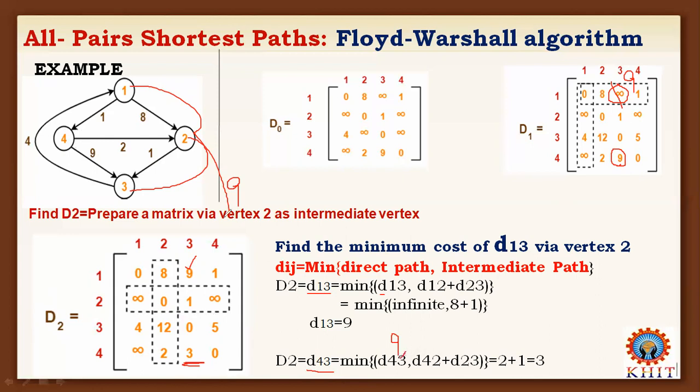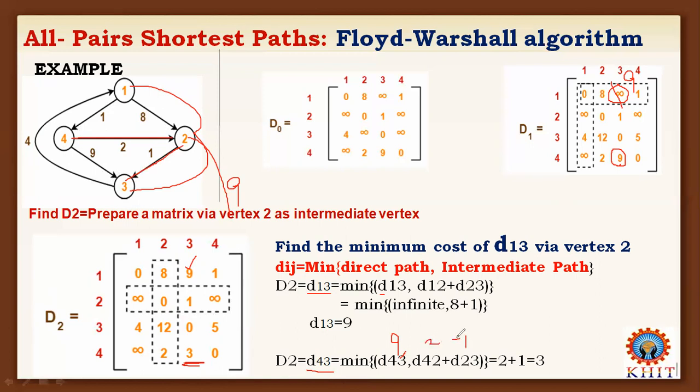And check whether through intermediate node it is possible. Vertex 4 to vertex 3 through intermediate path, is it possible or not, we will see. There is a path from vertex 4 to vertex 3 through vertex 2. It will cost 4 to 2, 2 to 1. 4 to 2 the value is 2 and 2 to 1 the value is 1.